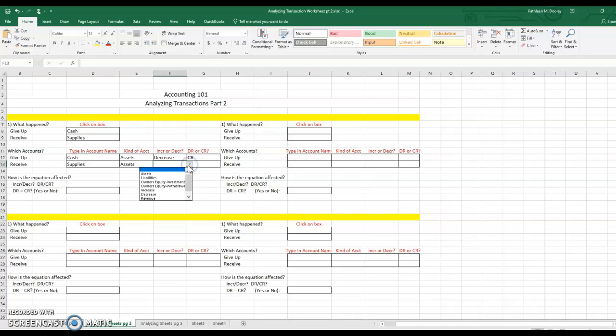We have more supplies than we did 5 minutes ago, so that's an increase, and an increase in an asset is a debit. We have one debit and one credit. So yes, our accounting equation balances. And we go on to the next transaction.